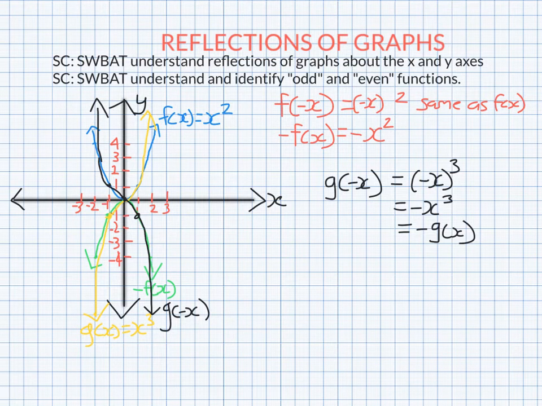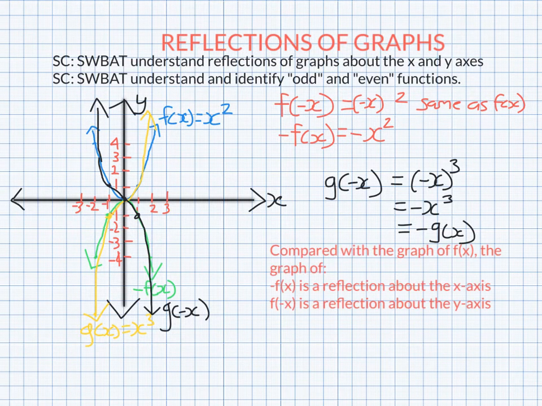But here, if I put a minus out the front, I got a reflection about the y-axis. How does this all make sense? This is the rule that we've stumbled upon. We're comparing to the graph of f of x. Minus f of x is the same as this, but reflected about the x-axis. And f of minus x is a reflection of this, but about the y-axis.